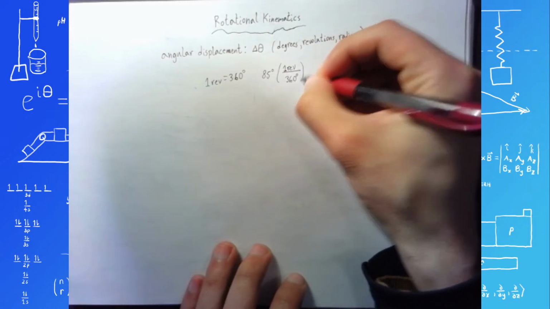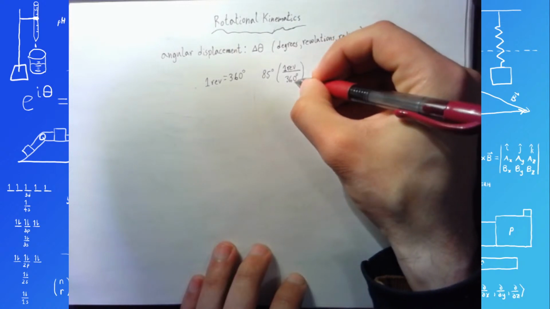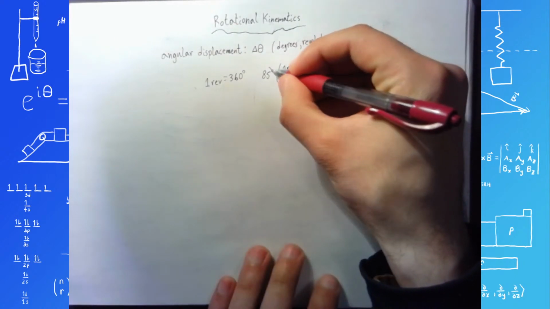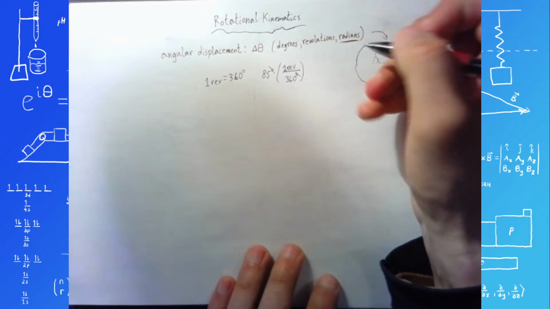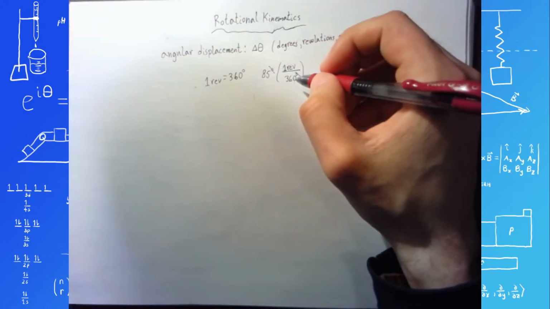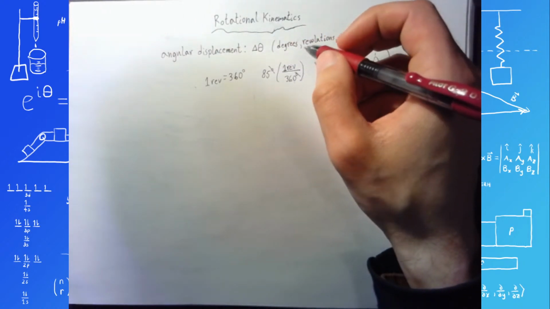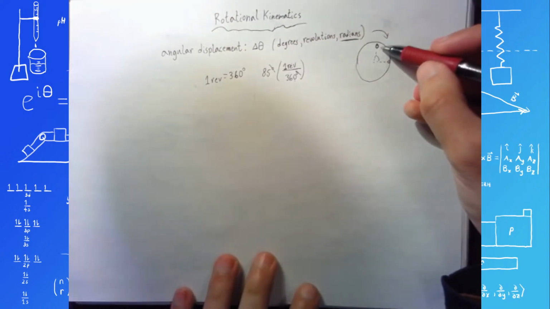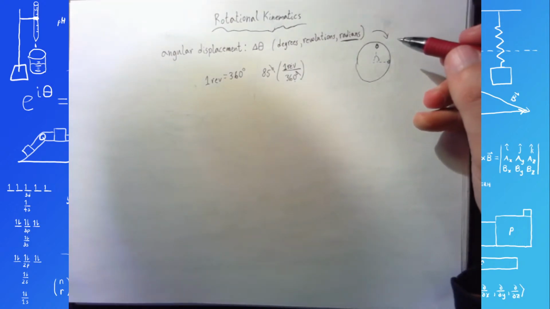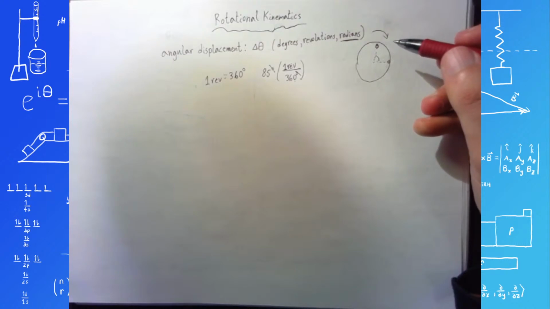This is multiplying by 1 because a revolution is equal to 360 degrees. So the degrees cancel out and you're left with revolutions. 85/360ths of a revolution is how much this thing was displaced rotationally or angularly. That is a hard word to say, angularly.